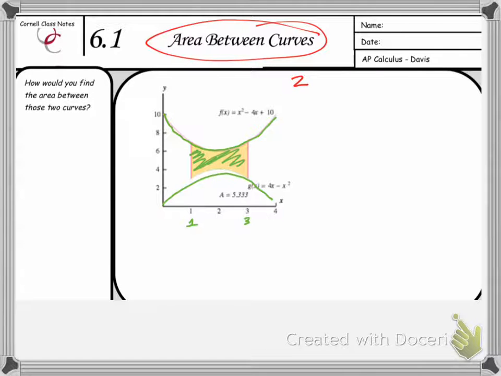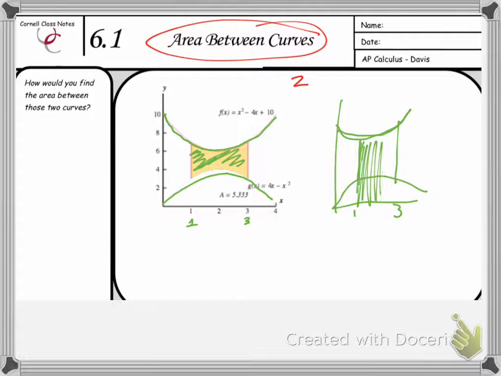So if you think about it, it's just a simple subtraction. You would take the area under the first curve all the way. So let me draw the other one in here. And then this is from 1 to 3. You would take the whole area under the whole curve, like this whole thing, right?